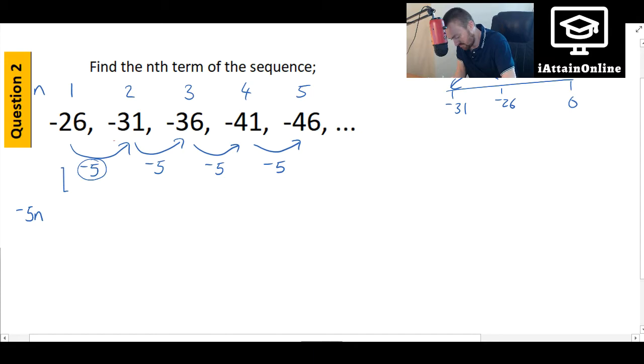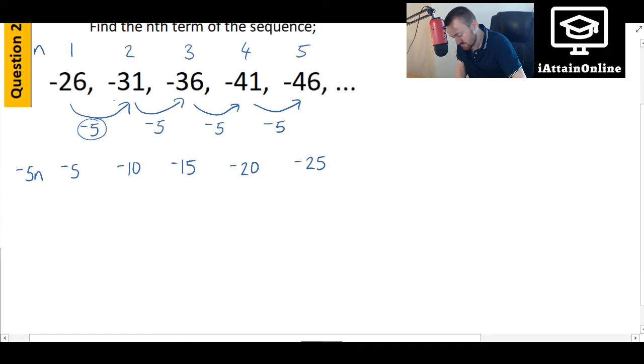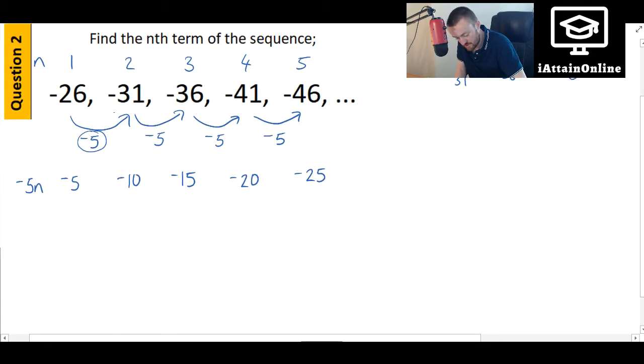So I'm just going to write out negative 5, negative 10, negative 15, negative 20, negative 25. Once you've done that, you know your sequence is going to start with negative 5n.